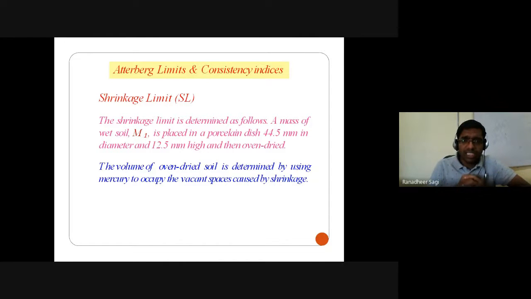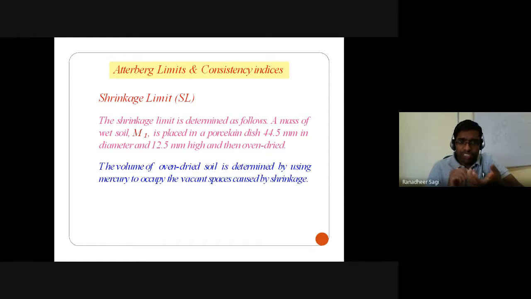Now take that paste and put it into a glass cup which has a diameter of 44.5 mm and a height of 12.5 mm. It's a cylindrical glass cup into which you place this soil paste.